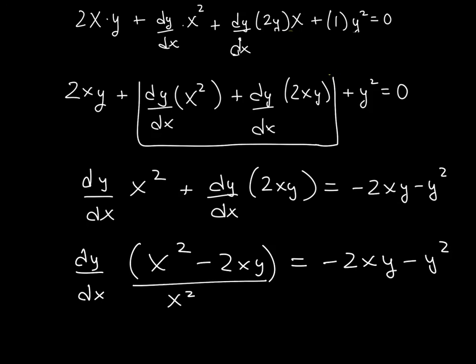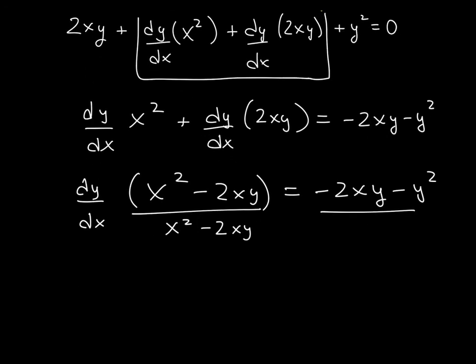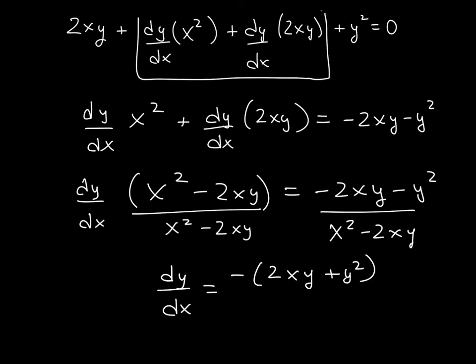Divide both sides, and we are left with dy/dx equaling, I can factor a negative out of the numerator if you want, negative 2x, that becomes a plus y squared, all over the denominator of x squared plus 2xy.